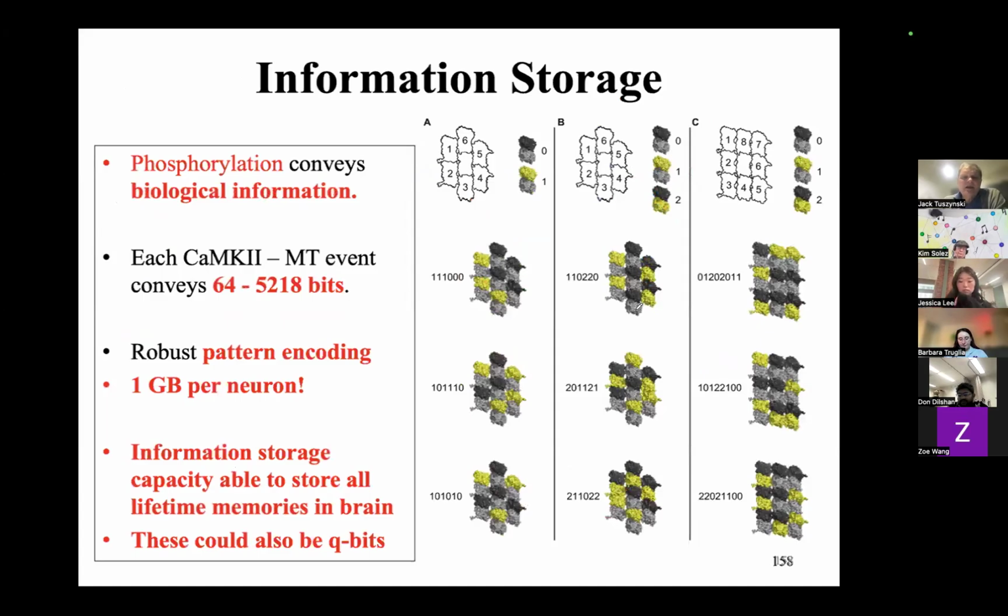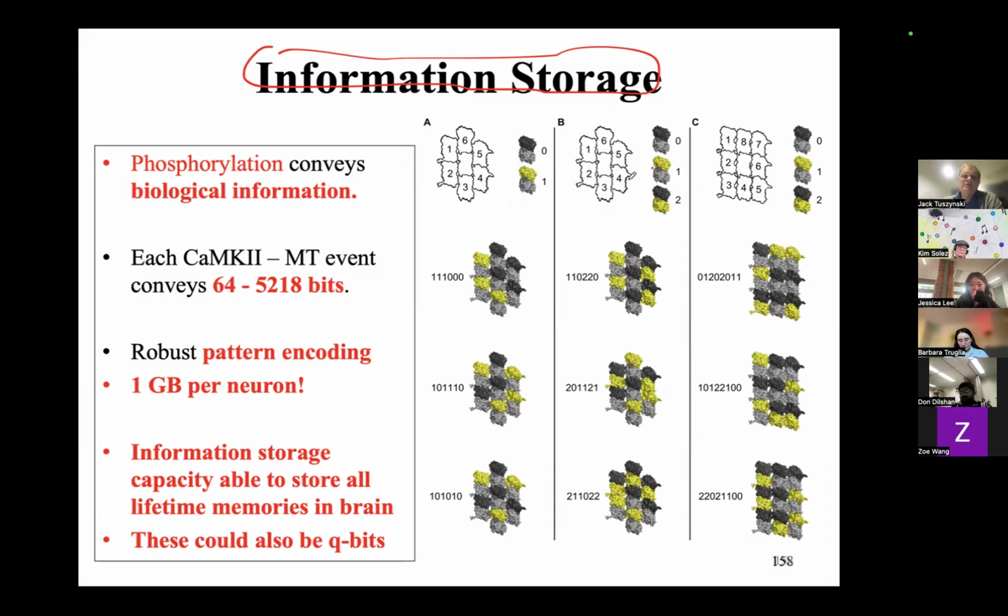You can find all of these images plus explanations in our paper from 2012. And we also use this to calculate the amount of information that can be stored in microtubules this way by phosphorylation. Because it's a dimer, you actually can have three states. You can have phosphorylation of the top monomer, phosphorylation of the bottom monomer, or an unphosphorylated state.